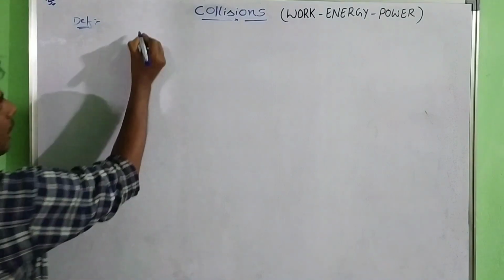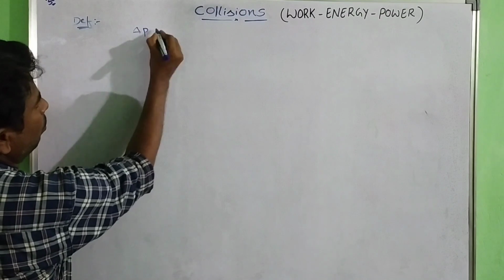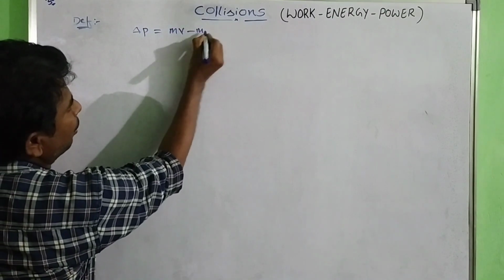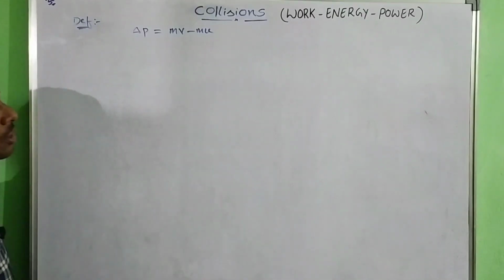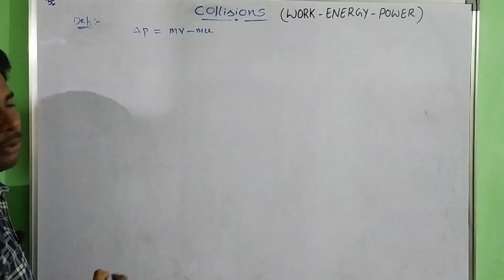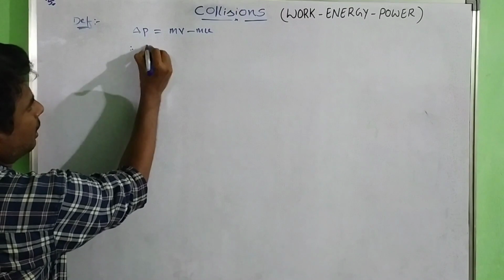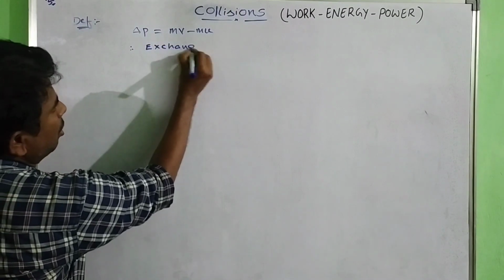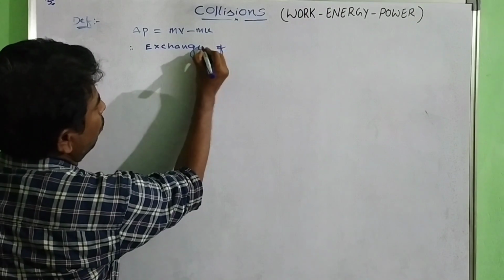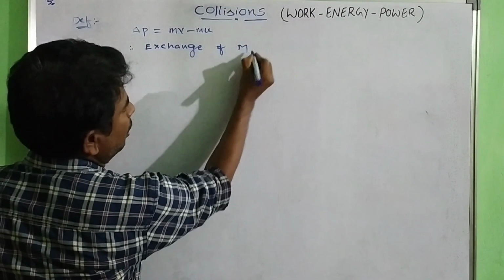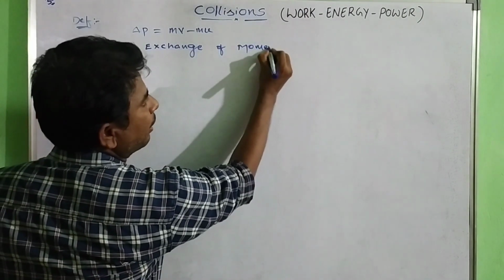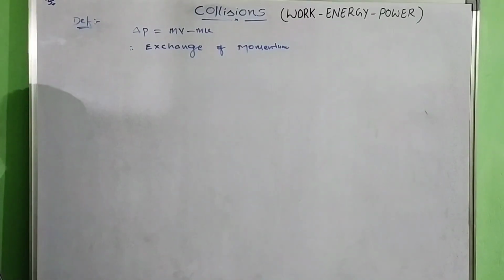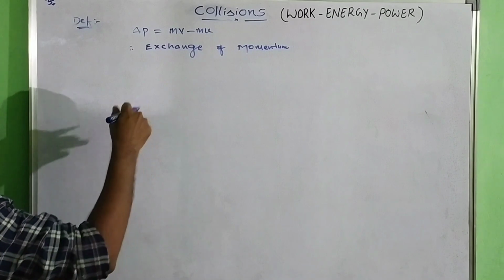That is delta P equals mv minus mu. Therefore, exchange of momentum.